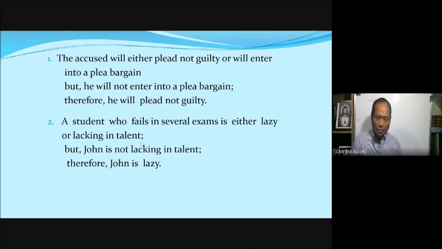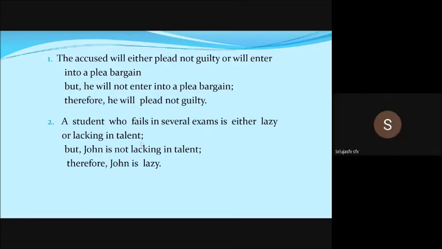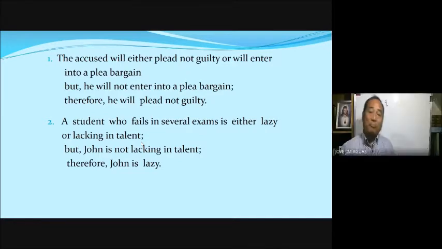Why would you enter into a plea bargain if you think you are not guilty? So again, critical thinking, class. It's very important to understand what is being said. Don't just think of the form, the schema. You have to understand the statement. So it's proper or improper? It's a proper disjunction.